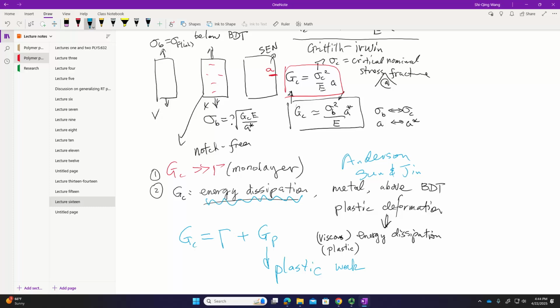See, we can do a peeling experiment. Peel the thing on the substrate. The faster you peel, the more force you have. And it turns out that force divided by the width of that sample... Yeah, I know in the peeling it's a little bit more difficult.